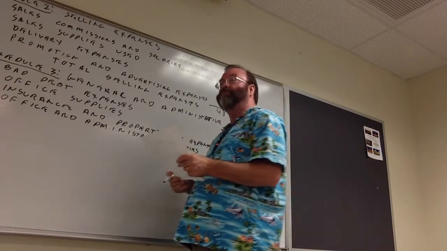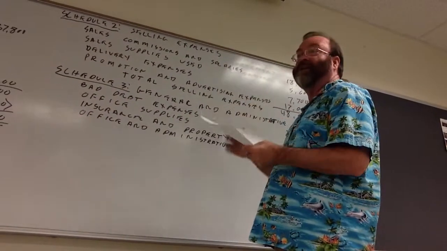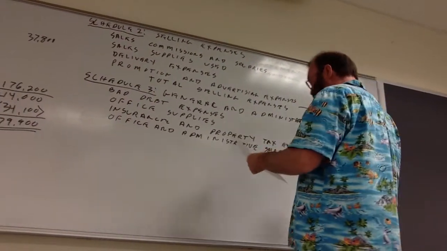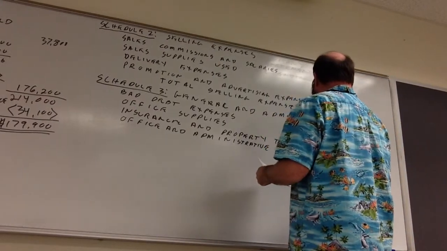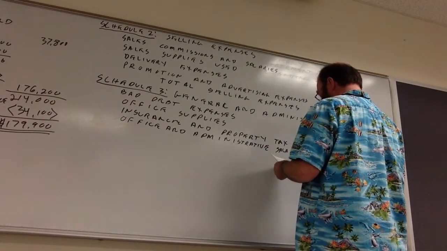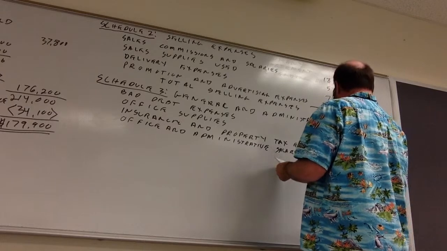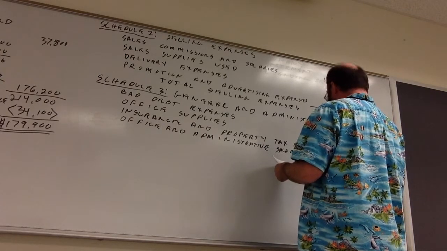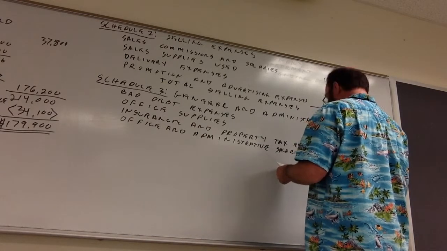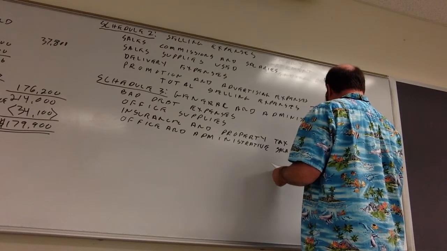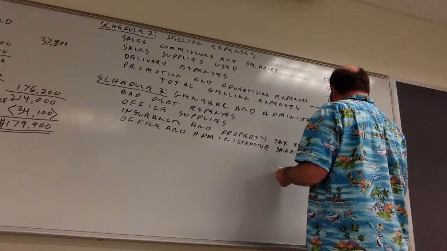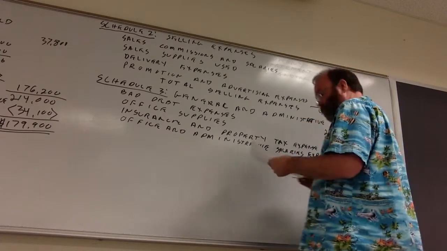Same with maintenance. Maintenance of the office would go under here. So, salaries were $32,000. Bringing the total to $44,600 total G&A.